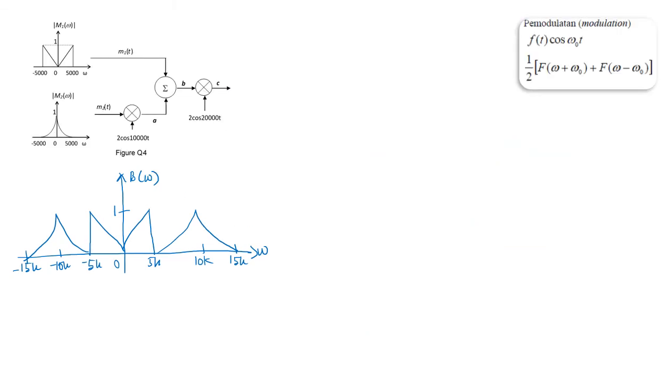Okay, so next you need to sketch C(omega), or the C signal at point C. In this case, c(t) equals b(t) multiplied with the cos function 2 cos 20k t. So again, when we have a signal multiplied with cos function, in frequency domain it is a combination of the signal being shifted in frequency both on the positive and negative side.